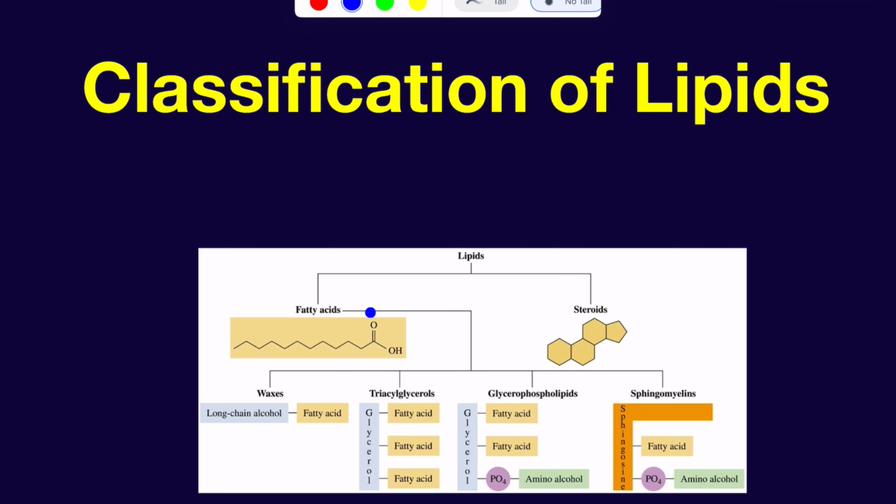So I can say that this end right there is going to be relatively polar because you got the carbonyl and the OH there, and the other end is going to be relatively nonpolar.